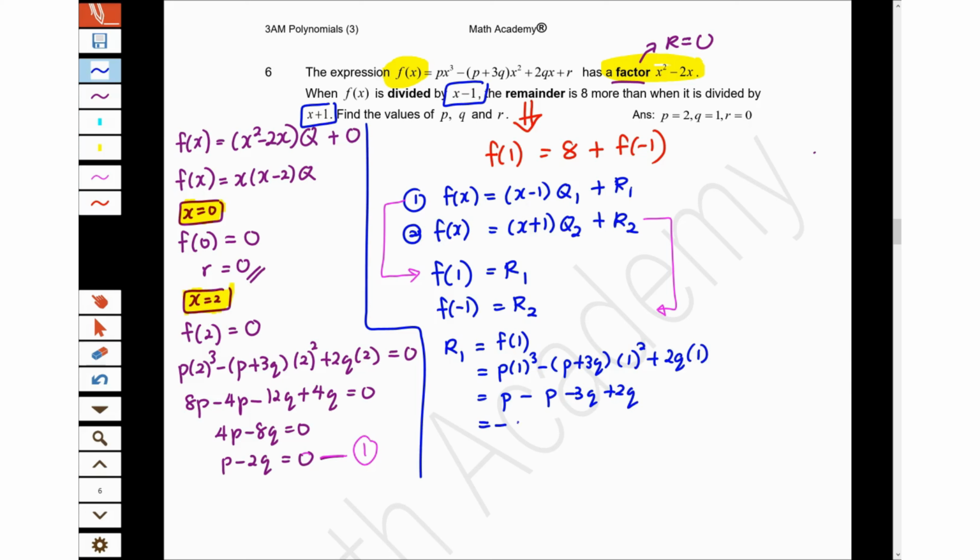When I simplify this, I will get negative q. Next, I'm going to get r2. r2 is f(-1). Again, please remember to put brackets if necessary. I'm going to simplify this.